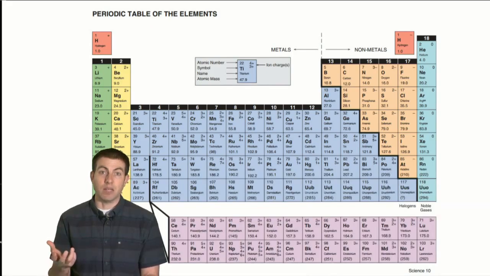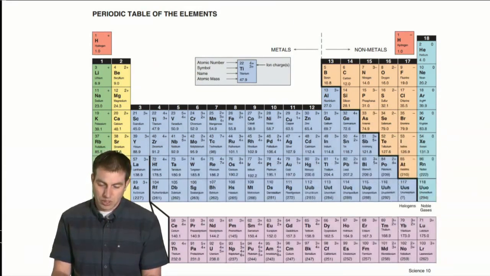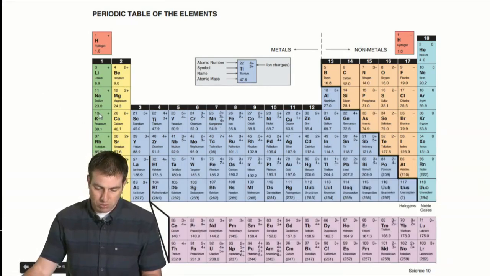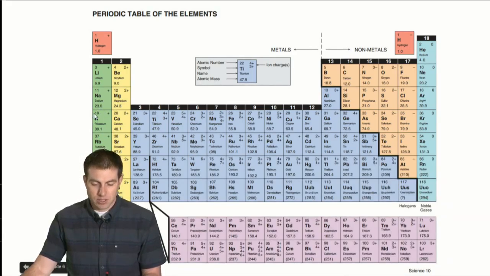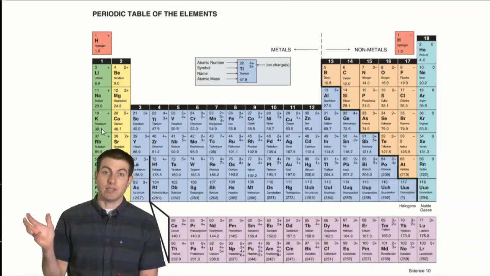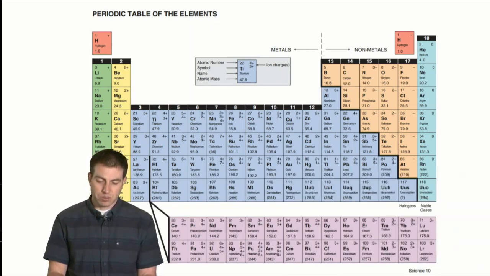Isotopes are the same element that just have different numbers of neutrons. So one that we'll talk about is potassium, number 19, just right above my head here. Potassium has an atomic mass of 39.1. So there's a bunch of potassium that exists as 39. There's also some potassium that exists as 38.